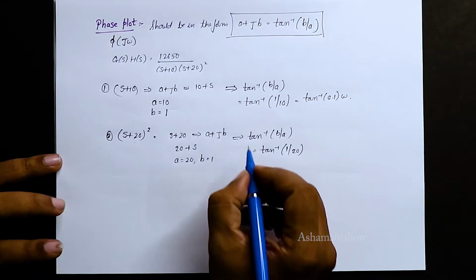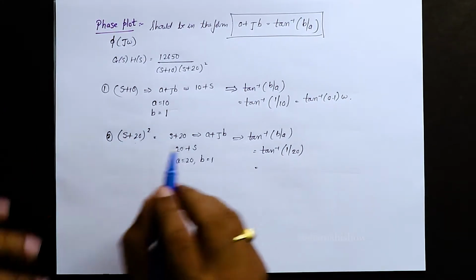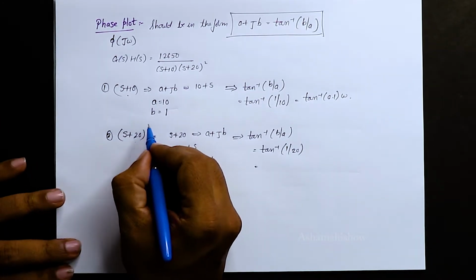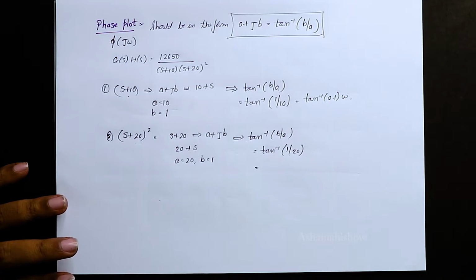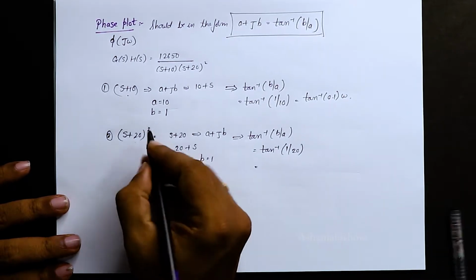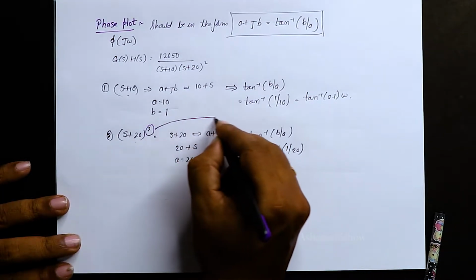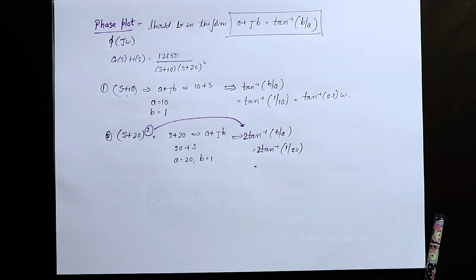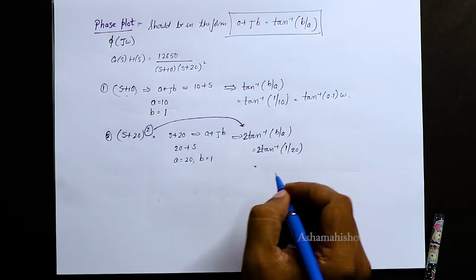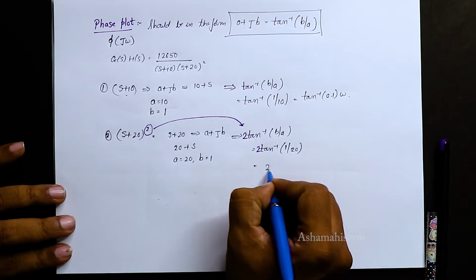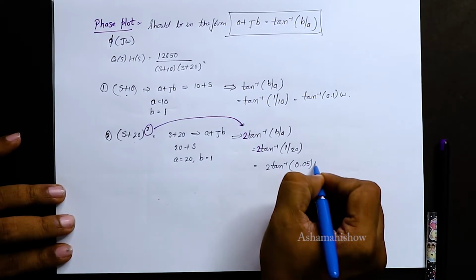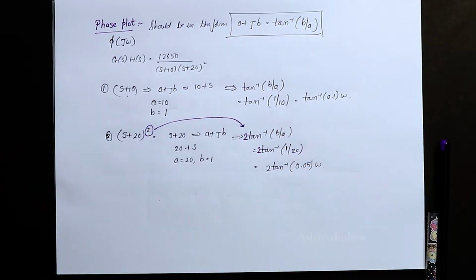Our tan inverse is not a simple tan inverse, because for s plus 10 we directly gave tan inverse, but we have a square here. As we have a square here, this becomes 2 tan inverse. You have to remember that. So 2 tan inverse 1 by 20 is 2 tan inverse 0.05 omega.